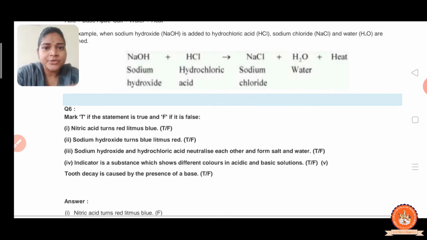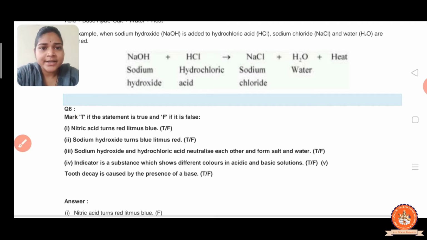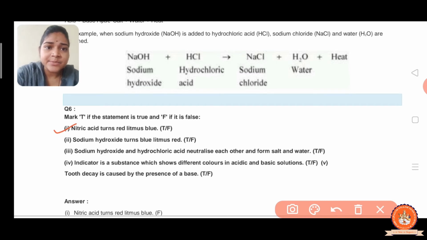Okay, now question number 6, true and false. The first question: nitric acid turns red litmus to blue. So first we identify that nitric acid is an acidic solution. In the question, acid means nitric acid is an acidic solution, right?